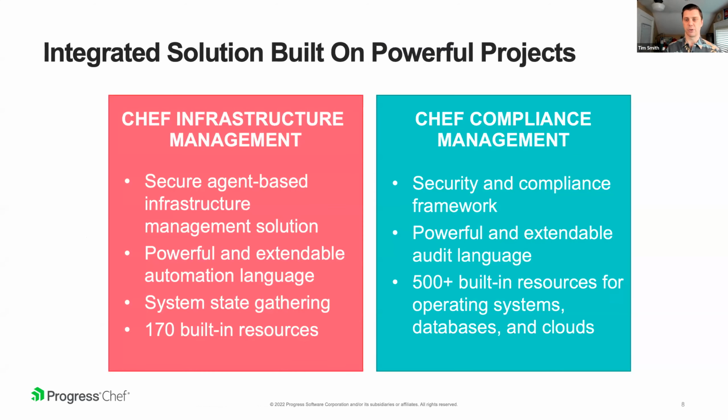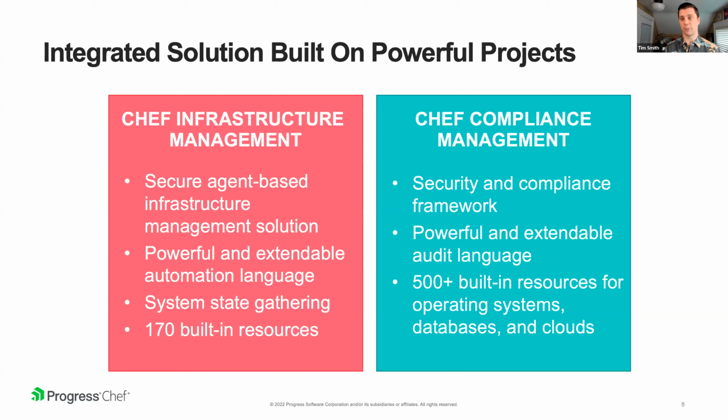We think that this gives you a really nice integrated solution, and it's built on a bunch of really great tech that exists in both of these projects. So on the infrastructure side, we have Chef Infra Client. We have a whole great, powerful language there. We have system state gathering with Ohai. We have 170 built-in resources. On the InSpec side, we have a fantastic security and compliance framework there.